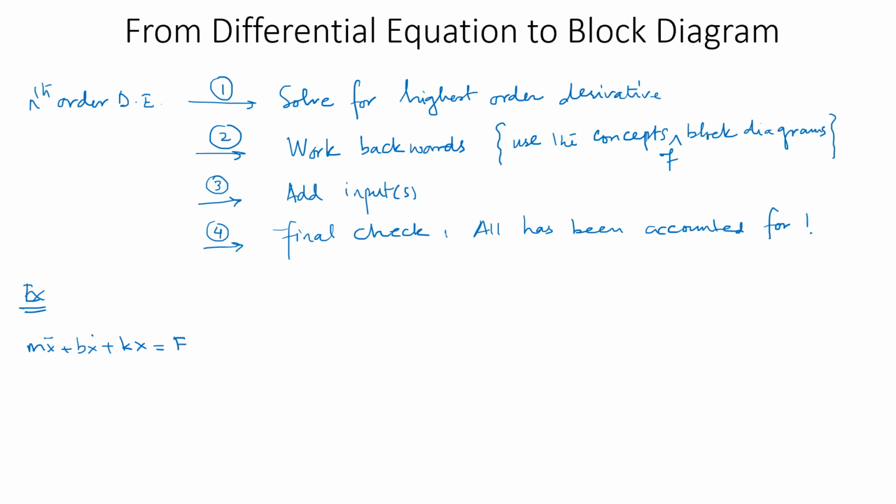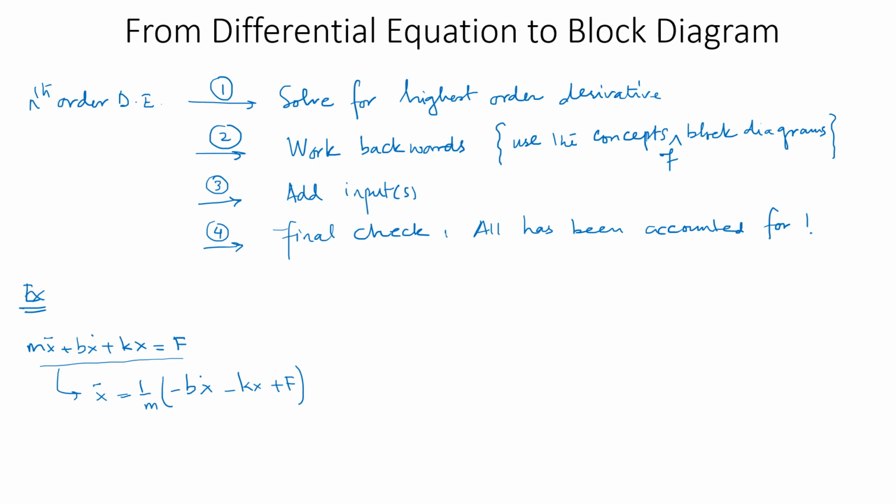So in step number 1, what you need to do is to convert this into a slightly modified form, which is going to be x double dot equal to 1 over m times minus b x dot as the first term, then minus k x, and then you have the input force in that. So that is going to be used to construct the block diagram.